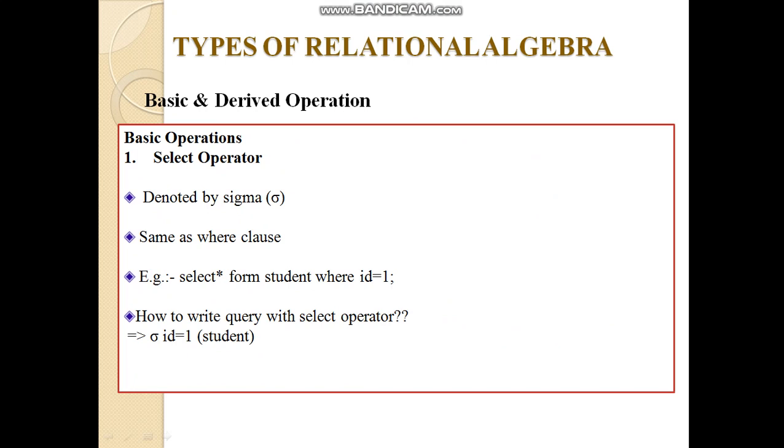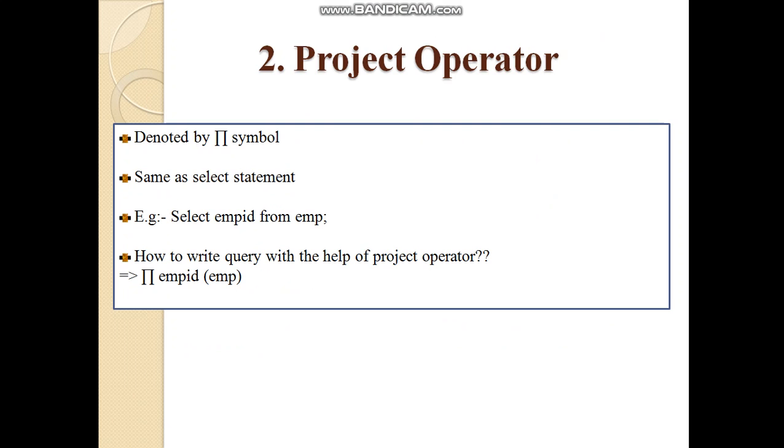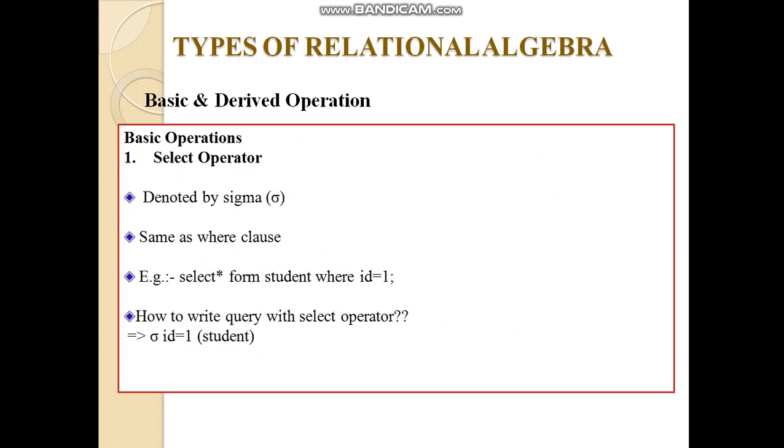You write the select operator symbol, then the condition, that is, I want the student where the student id is 1, and then the name of the table.